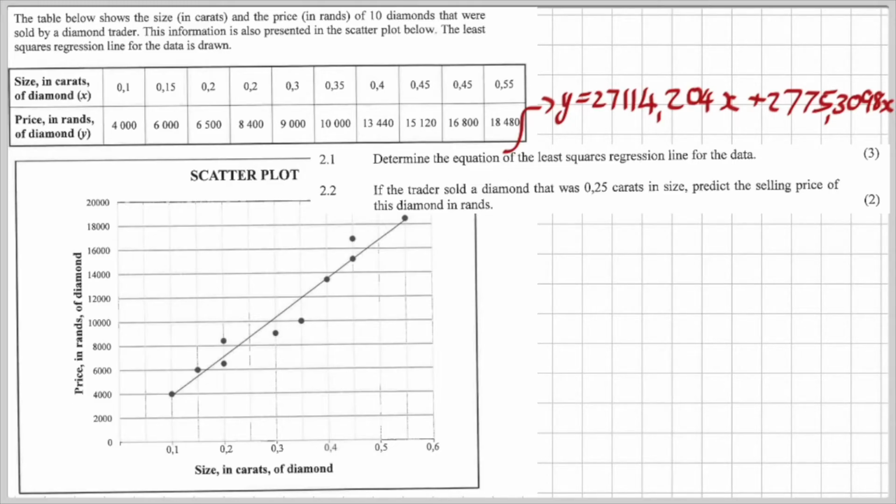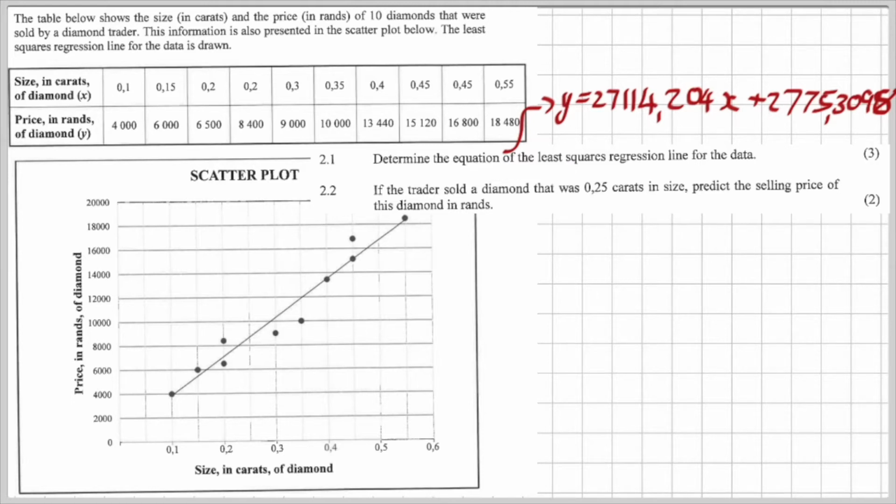Not an X there at the back, making silly mistakes here, just an 8. Now you will see that I rounded off to 4 decimals. But in the exam, you've got to look at the instruction given to you.